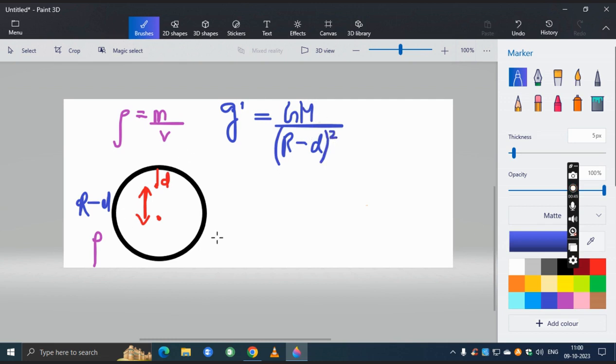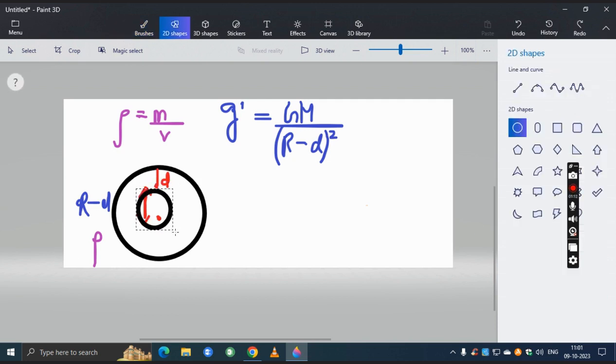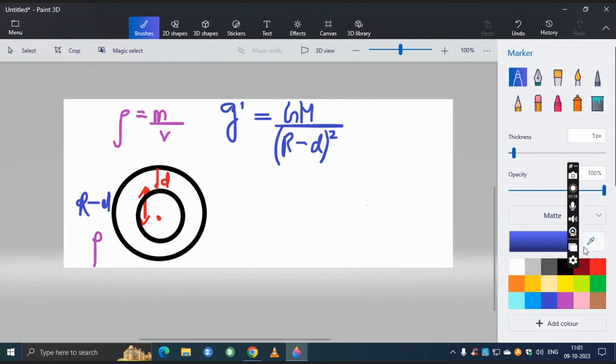And one more very important thing: this is not the mass of the Earth now. Since we've gone a distance d below the Earth's surface, we should only consider this amount of mass. So we said that Earth is a solid sphere with uniform density rho.